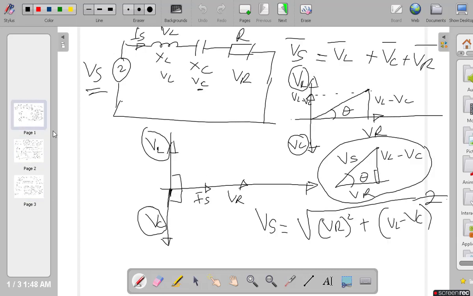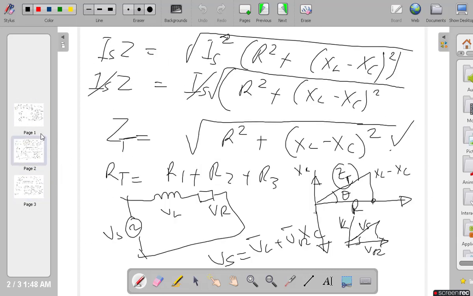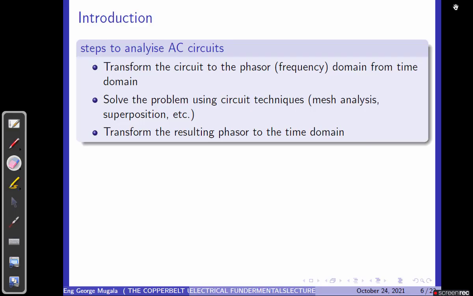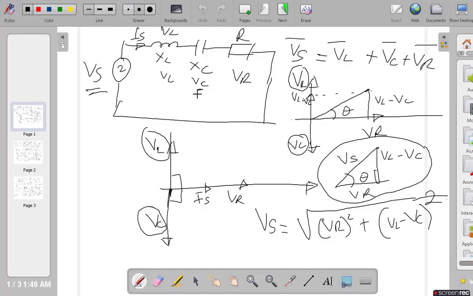Okay, so now when it comes to this document, which is our sinusoidal steady state analysis, it appears that every time I deal with an AC circuit, I have to be careful.